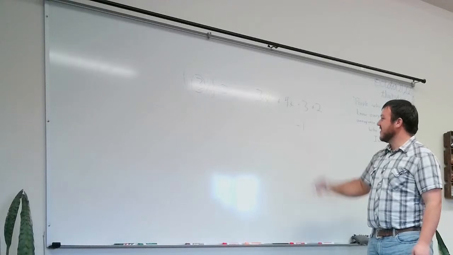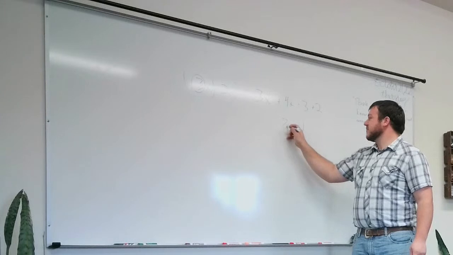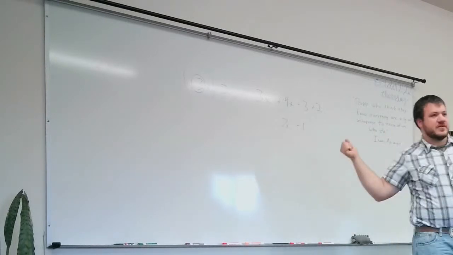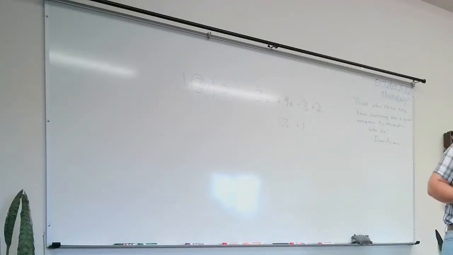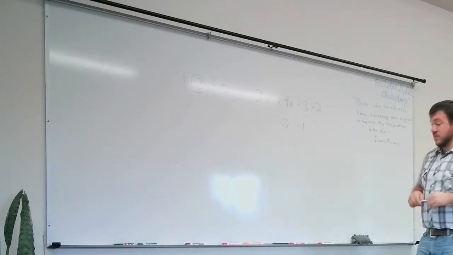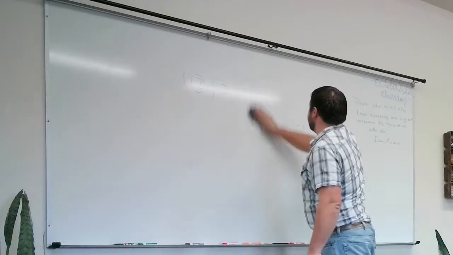And then you go 3x plus 4x is 7x. Now what's your variable in there? X. What's your coefficient, Cody? 7. What's a term, Leah? 7x. And what is your constant? -1. All right. Cool.